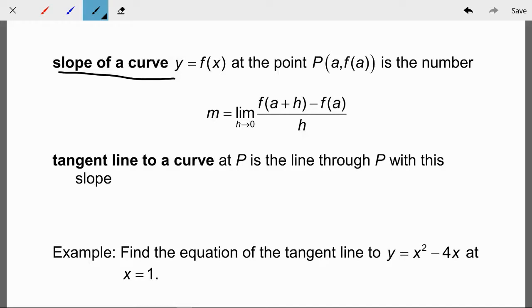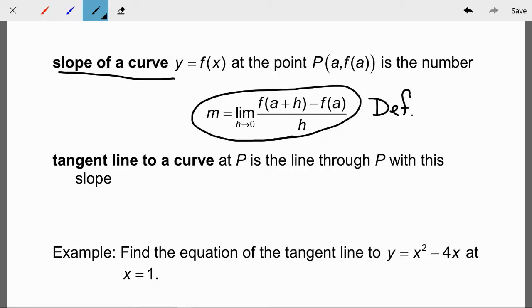So when you see this form, this is actually the definition of a derivative at a point. Okay, so like I said, your book's not going to present it that way in this section, and you won't see it referred to that way when you go through the homework assignment. But really what we're doing here is we are finding the derivative at a point.